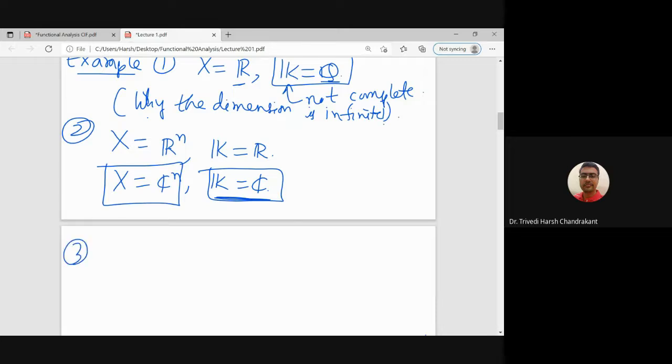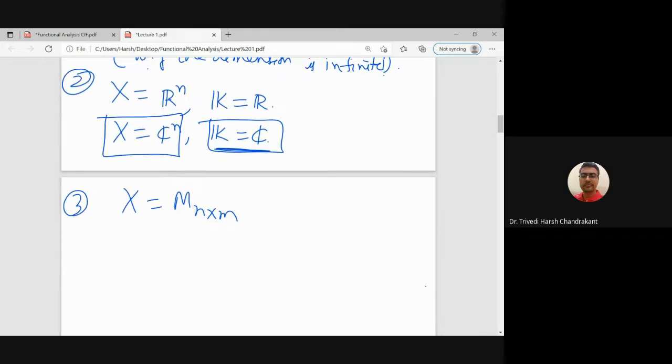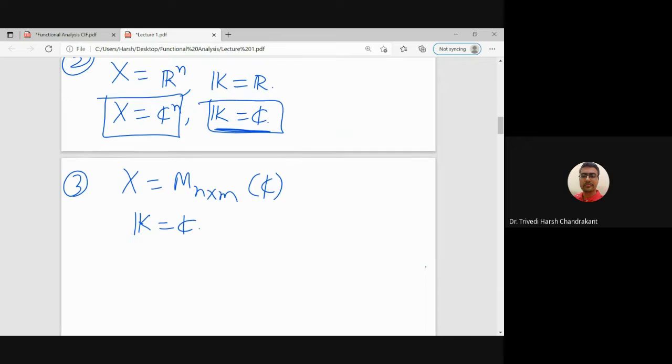The next example which we know is matrices. We'll come to the continuous functions, but let me write down in the order which I have written. When we discuss matrices, we need to mention whether it is over R or C. Let's say it is complex matrices, and we take K to be the set of all complex numbers.